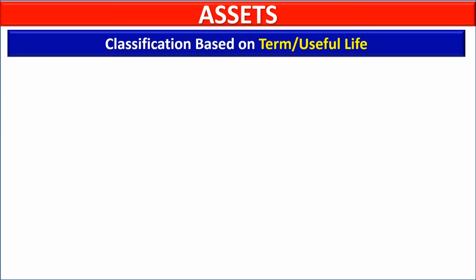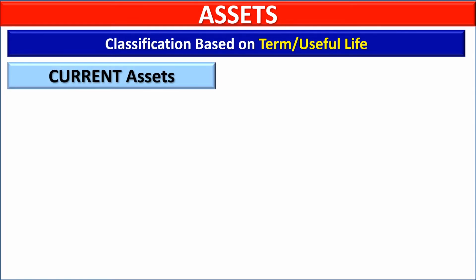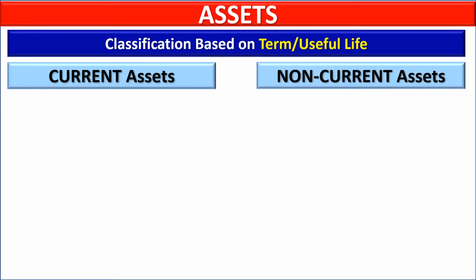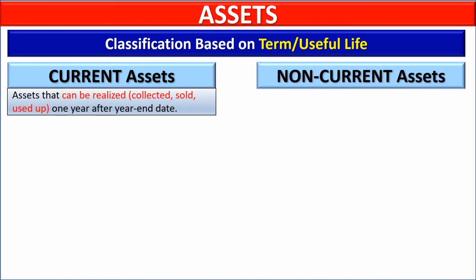So we will talk now about the classification based on term and useful life. Again, we have two types of it: the current assets and the non-current assets. So current assets are the assets that can be realized, can be collected, can be sold, can be used up 1 year after year end date.